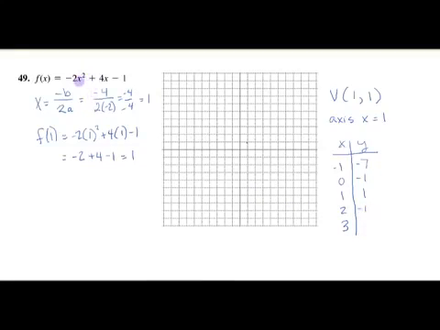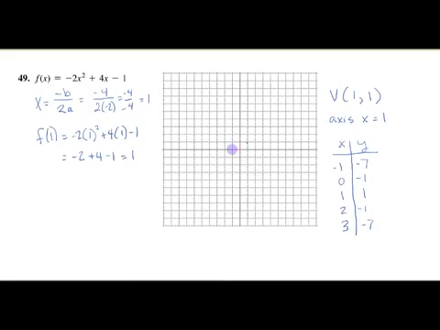And 3 squared is 9 times negative 2 is negative 18 plus 12 is negative 6 minus 1 is negative 7. Again, following through the symmetry.